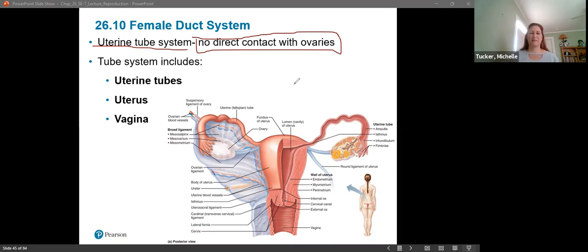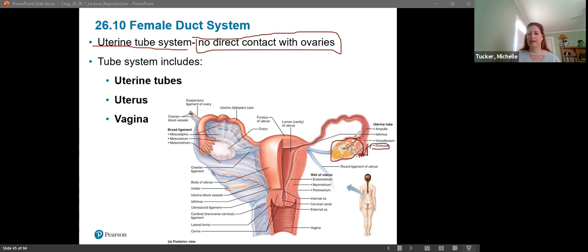Okay, back to anatomy, right? So we have the ovaries here with the outer cortex with its follicles, the inner medulla with its blood supply. Then connecting to that are going to be the uterine tubes, also known as the fallopian tubes. And these sections here are finger-like, and they are called fimbriae.